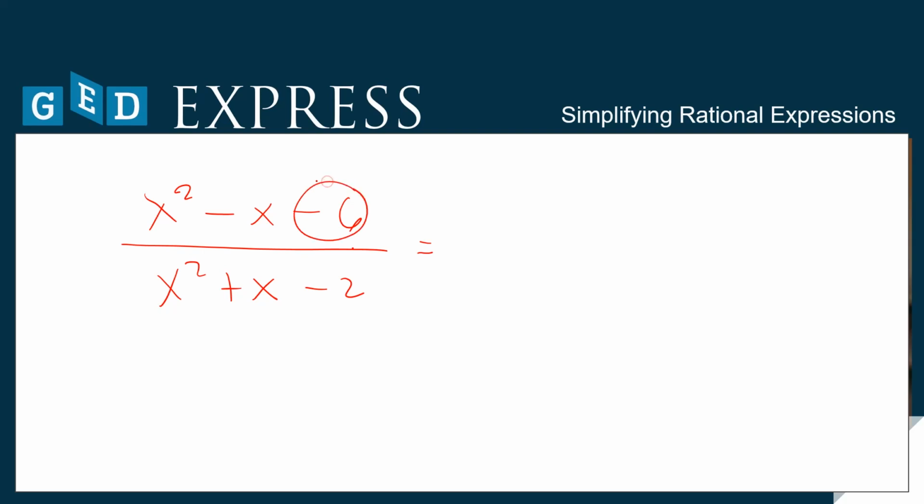Simplify the expression x squared minus x minus 6 over x squared plus x minus 2. Look at the rational expression, the numerator and the denominator. Both of them can be factored by reversing FOIL. So by reversing FOIL, we need to look at the number term, minus 6, for the numerator.